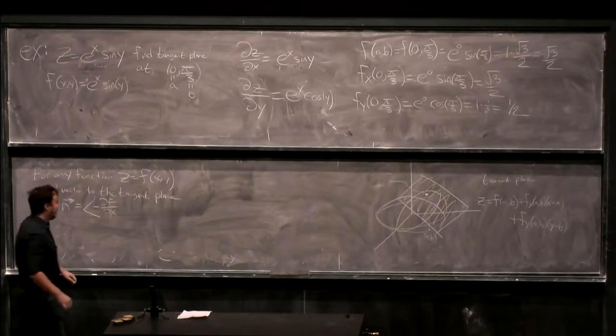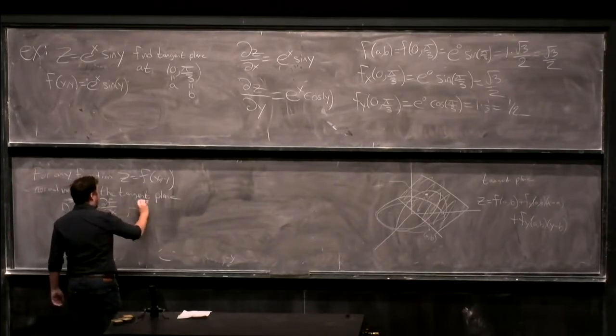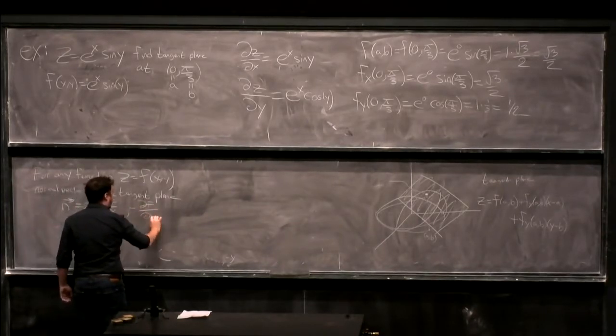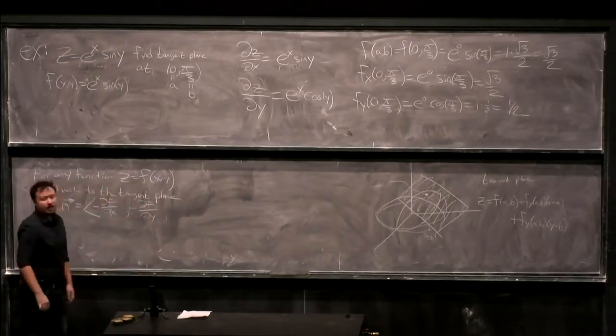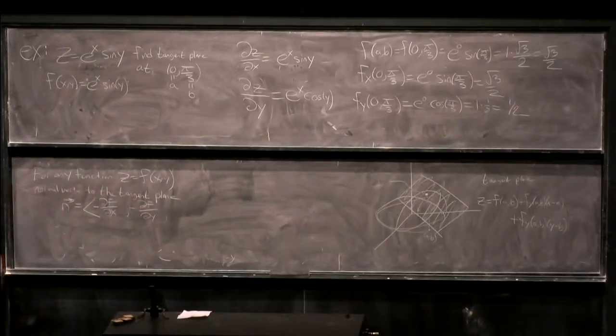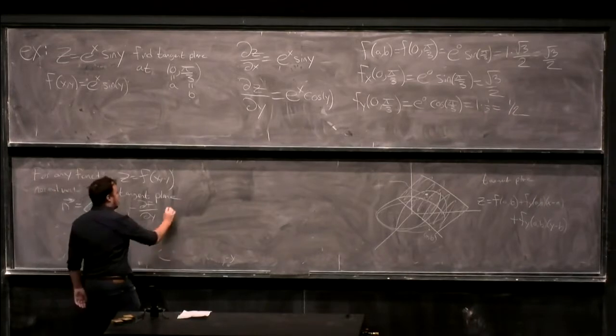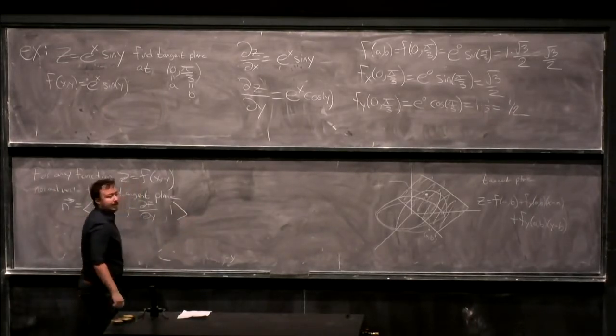It was negative root 3 over 2. We have the negative of the derivative with respect to y. That's how we got that negative 1/2 as opposed to a positive 1/2. And then we'll just have a 1 there no matter what.